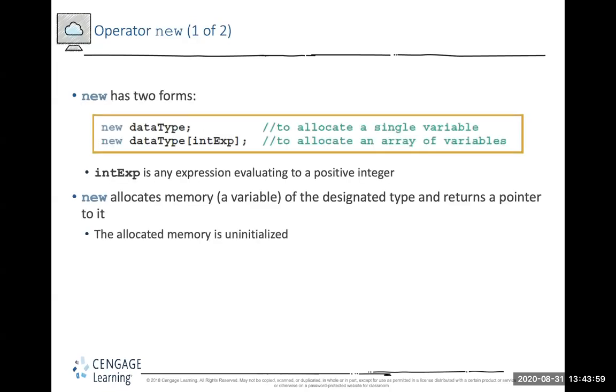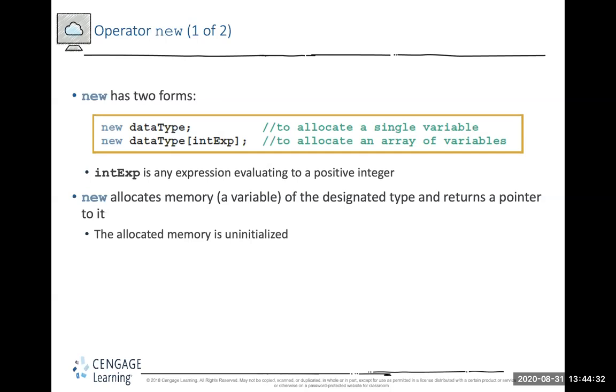So here are different forms of the new operator. You can allocate a single variable or an array of variables. And this new operator allocates memory of the designated type. And then what it returns is actually a pointer, the location of the data that you can assign.